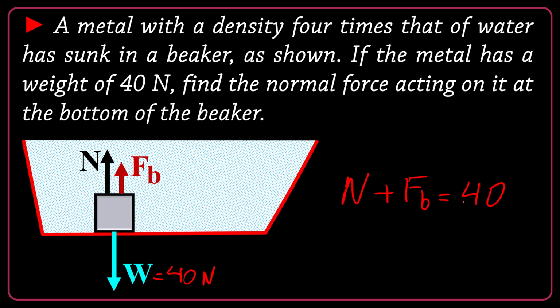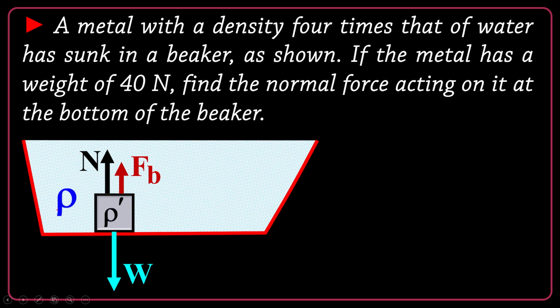Okay, now let's go over the values to find it. It's a very challenging question. Look here, guys, let's suppose again that the density of the liquid is rho and density of the object is rho prime. On the other hand, I know that rho prime is 4 times of rho. It's given in the question. Now, the weight of the object is rho prime Vg.